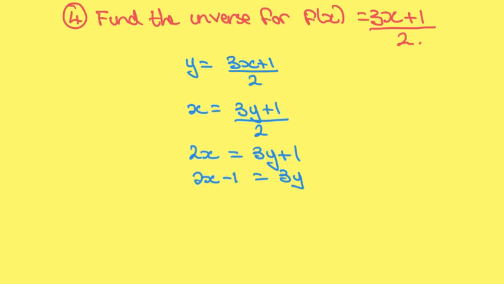Therefore, y equals 2x minus 1 over 3. Replace y with f to the minus 1 of x. So we get f to the minus 1 of x is equal to 2x minus 1 over 3. Therefore, the inverse of f of x equals 3x plus 1 over 2 is equal to f to the minus 1 of x equals 2x minus 1 over 3.